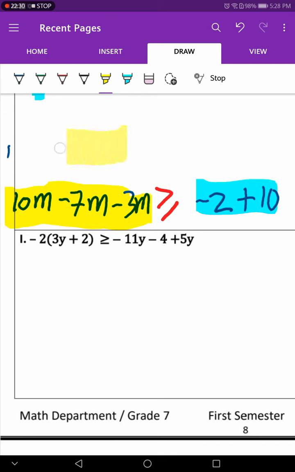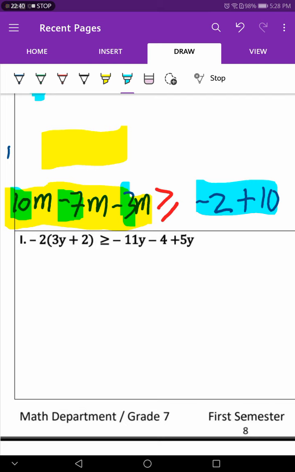Now, the left side will be 10 minus 7 minus 3. Yes. 10 minus 7, it is 3. 3 minus 3 is 0. So I get 0 from here. 0 is greater than or equal to -2 plus 10. It is 8.